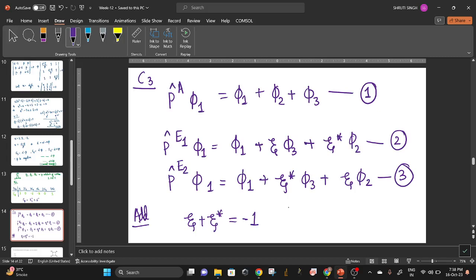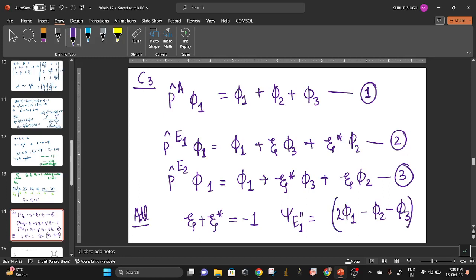So we will get, let me write, linear combination E1 dash will be equal to 2 phi 1 minus phi 2 minus phi 3, since epsilon star plus epsilon is -1, so it is minus phi 2, and this again is -1, so it is minus phi 3.